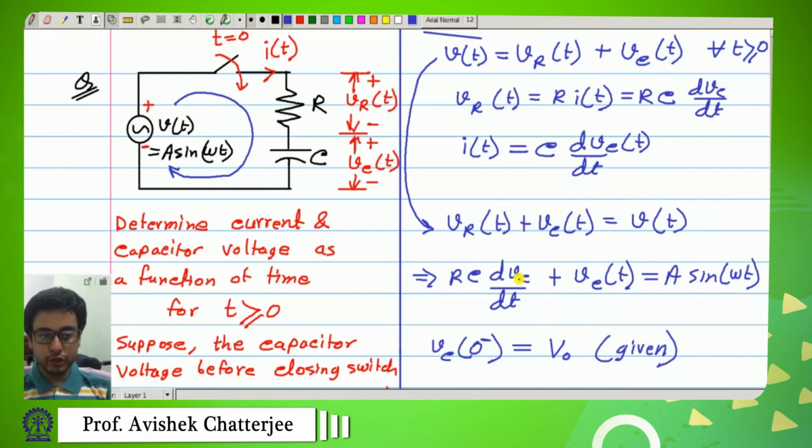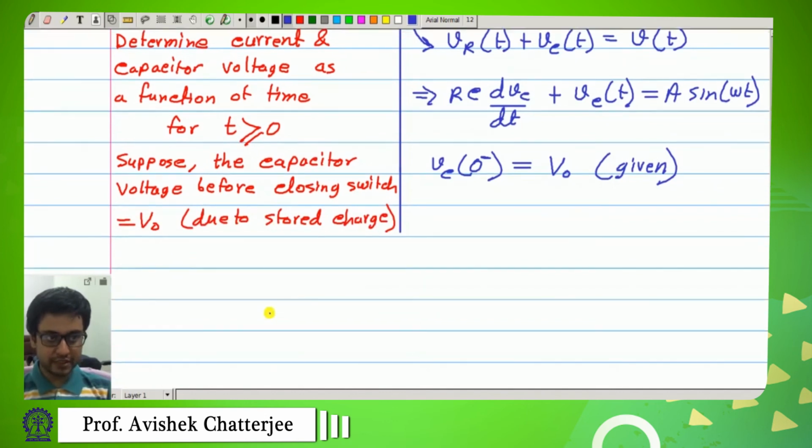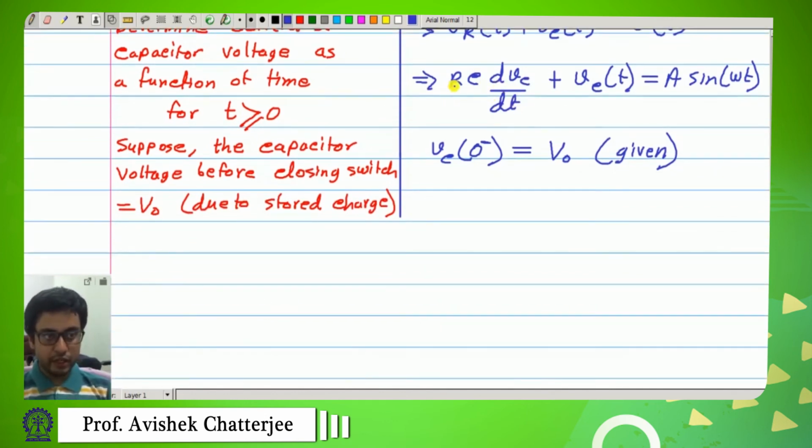So we have to solve this and get capacitor voltage as a function of time for all time greater than or equal to 0. Let us do that. Okay, so from here, let me call it star. From star, let me take the one-sided Laplace transform of this equation.